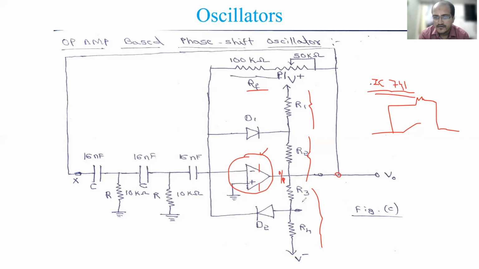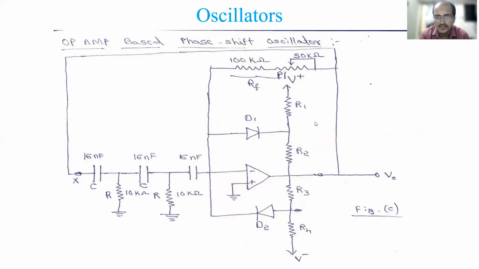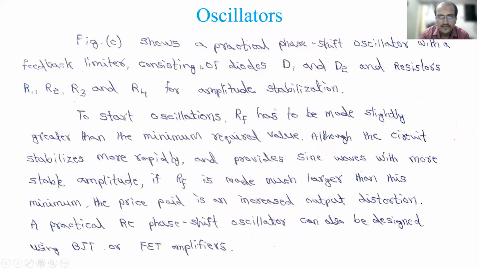So this is the circuit of the op-amp based phase shift oscillator, and we will explain it based on this. Figure C shows a practical phase shift oscillator with a feedback limiter, the limiter circuit I told you about, consisting of diodes D1 and D2 and resistors R1, R2, R3 and R4 for amplitude stabilization.